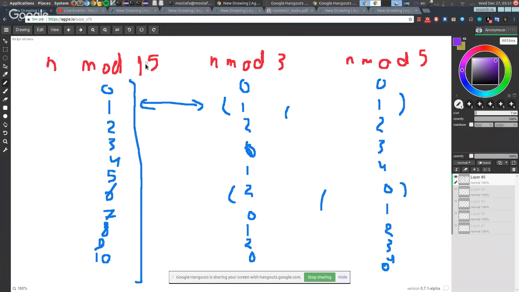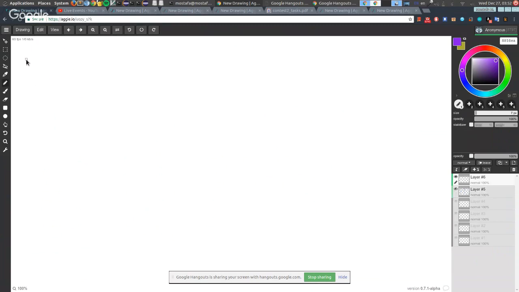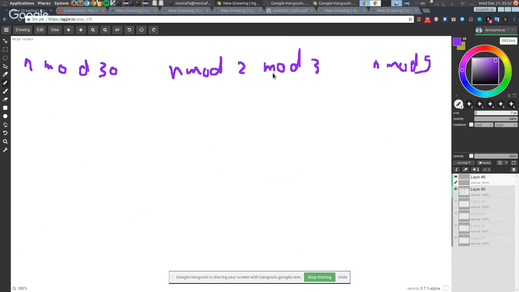So here we can extend this even more. Let's say n mod 30, and then we go through all its divisors: n mod 2, n mod 3, n mod 5. Basically we find that each number here, let's say 11, will correspond to one triple here.